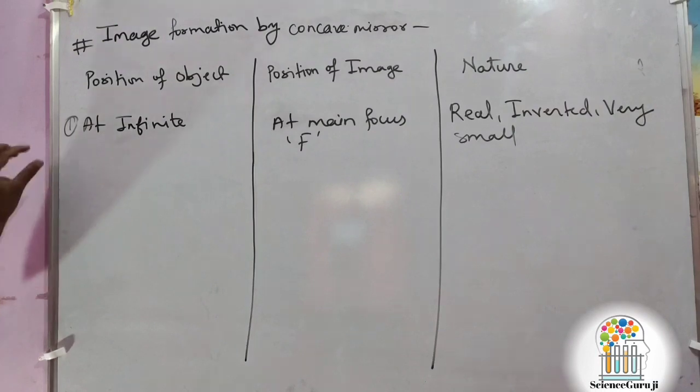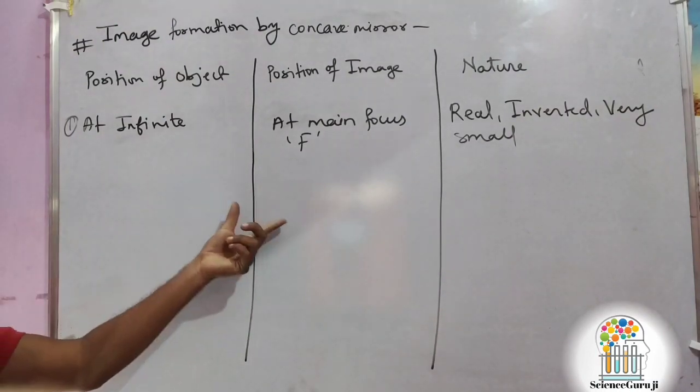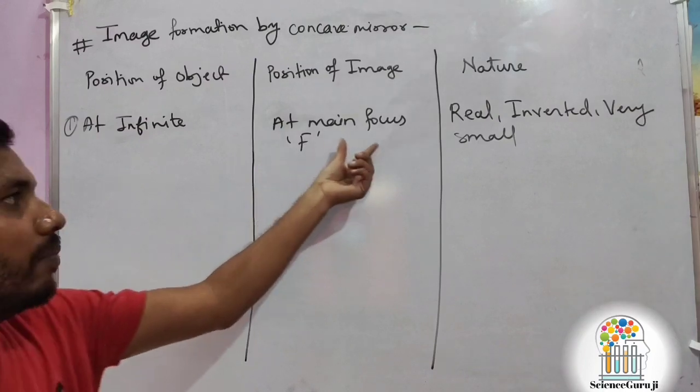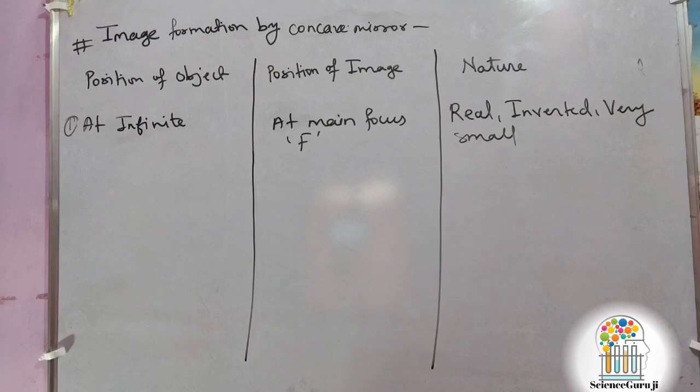Here, if any object is placed at infinity, then the image is formed at the main focus, and the nature of the image is real, inverted and very small.